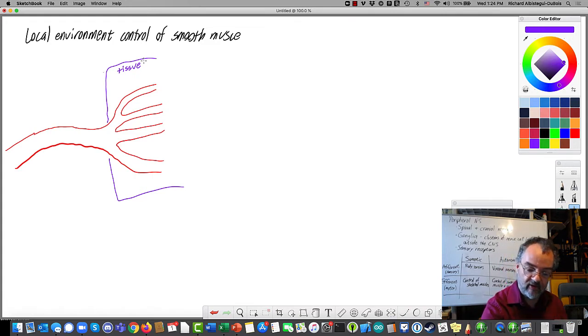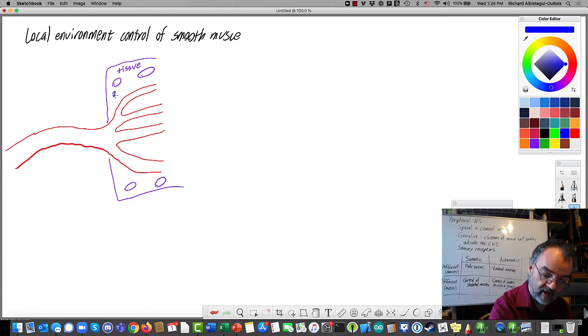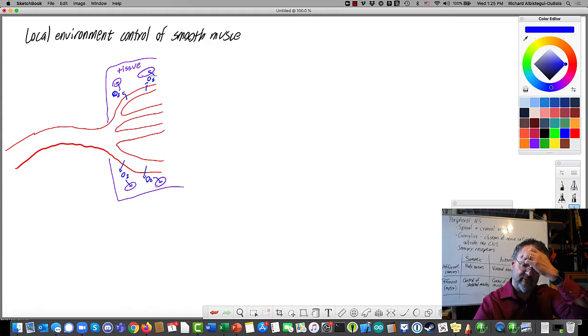So the cells in this tissue are getting their oxygen from the extracellular fluid around them. And in turn, the oxygen is coming into that fluid from the blood. So blood is supplying oxygen to the extracellular fluid, and the cells get their oxygen from the extracellular fluid.